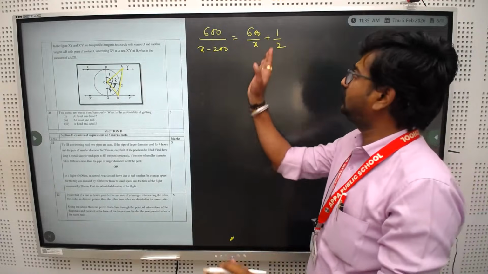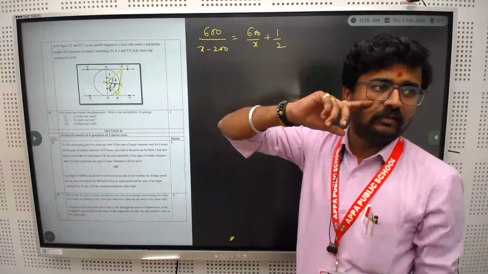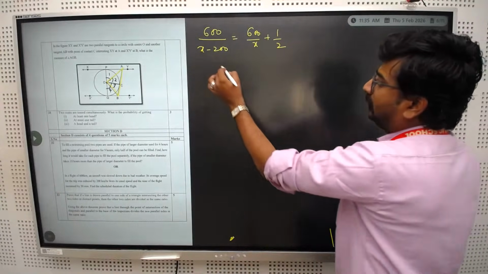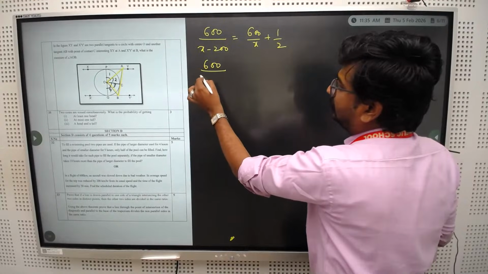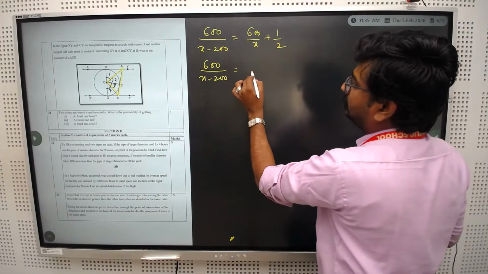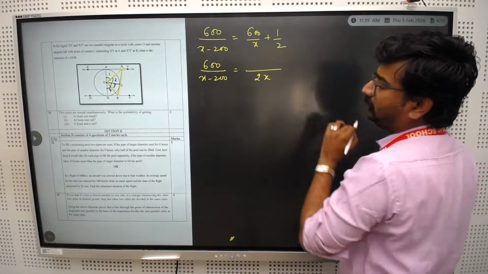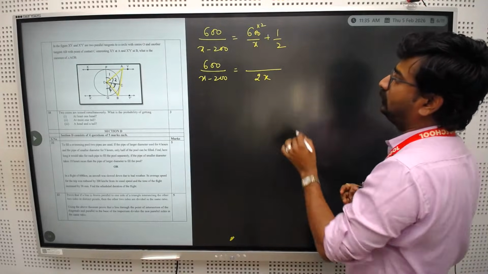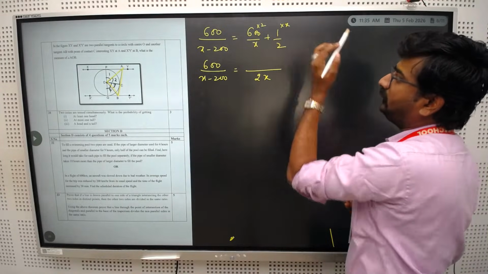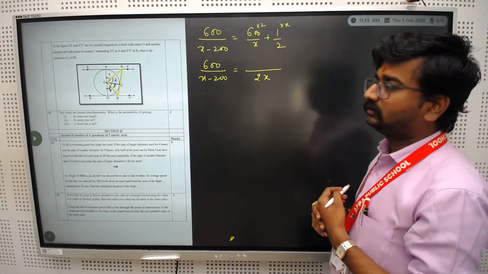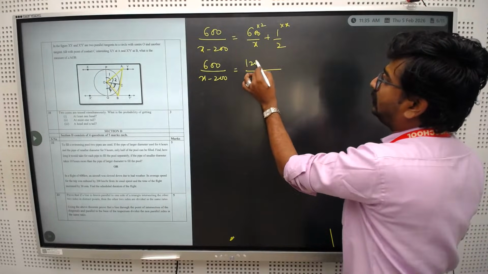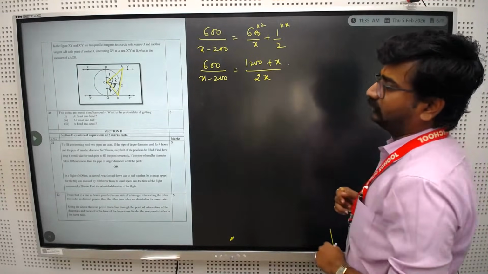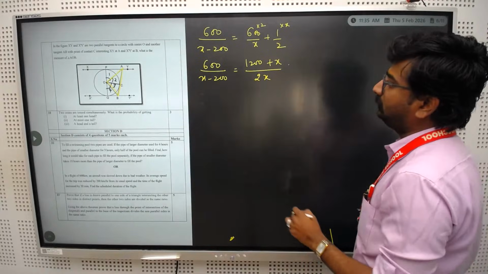If you wish, you can shift this x to that side, but I am not going to do that. 600 by x minus 200 is equal to, 2x will be the LCM. Already x is there, what will multiply? Already 2 is there, what will multiply? 1200 plus x. Now you should cross multiply.